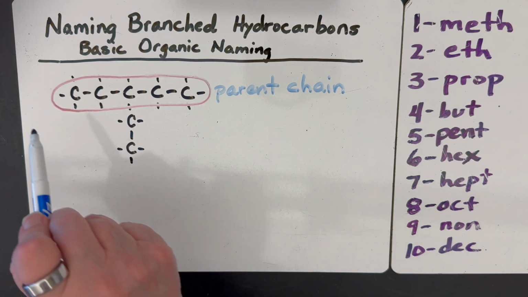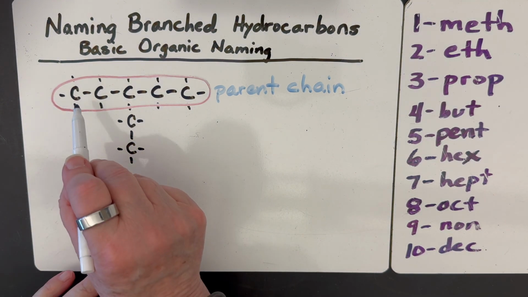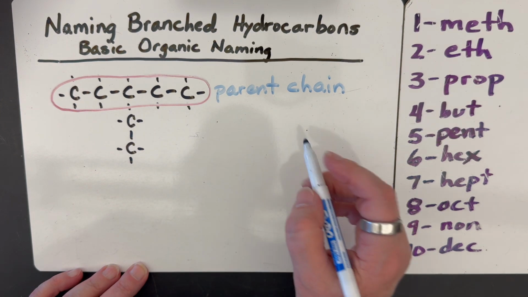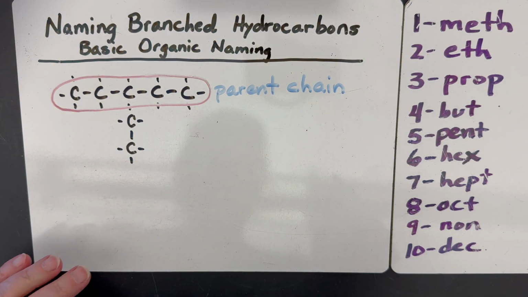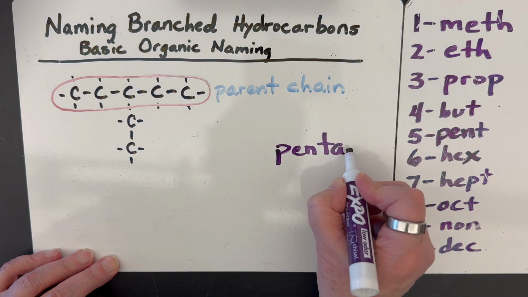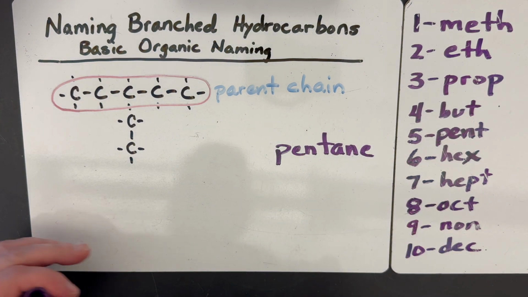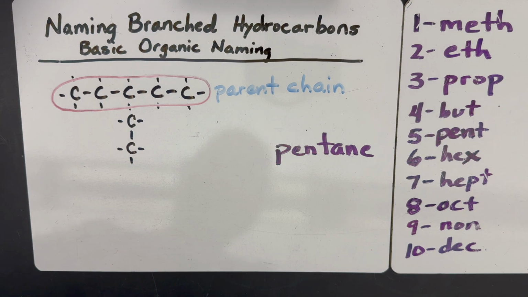No. So no backing up. So our parent chain is 1, 2, 3, 4, 5. We said that already, that was pentane. Name the parent chain, and then anything hanging off of the parent chain has to be named in front of the parent chain.